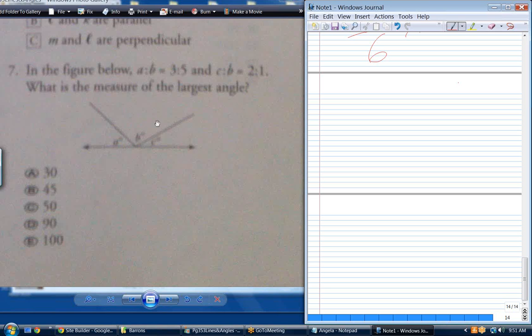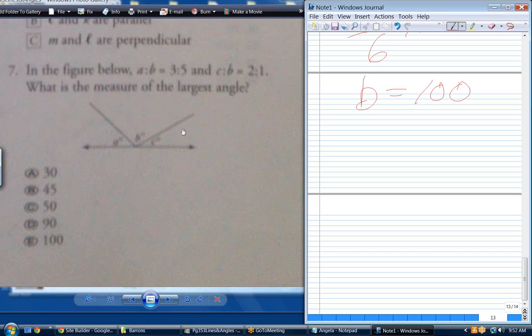So let's pretend B is 100. Now, let's see if everything works. If B to C is a 2-to-1 relationship, immediately when we see that C is to B as 2 is to 1, then B is not the largest angle.